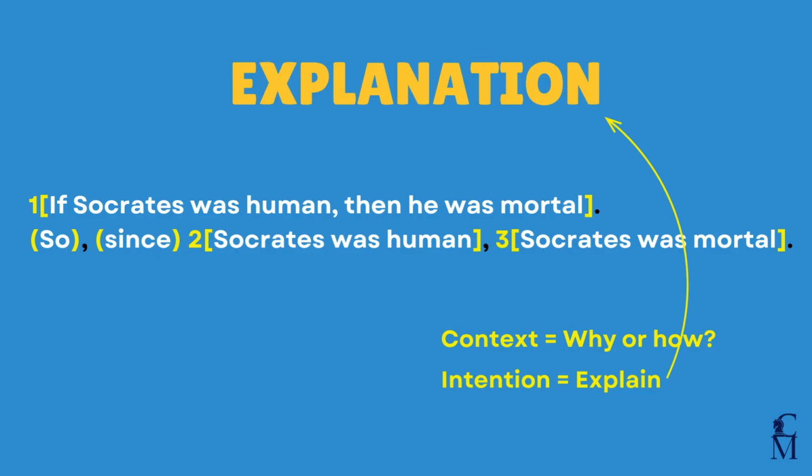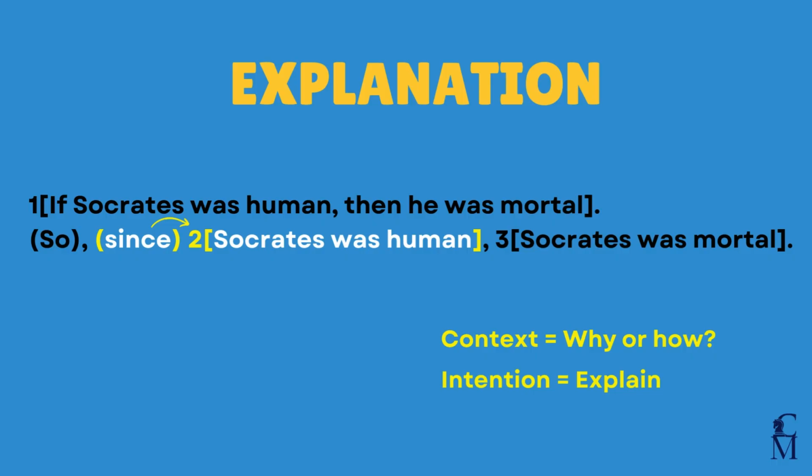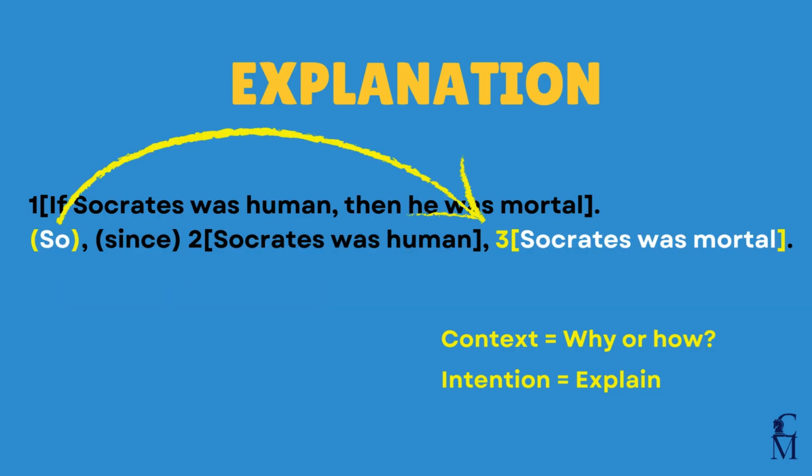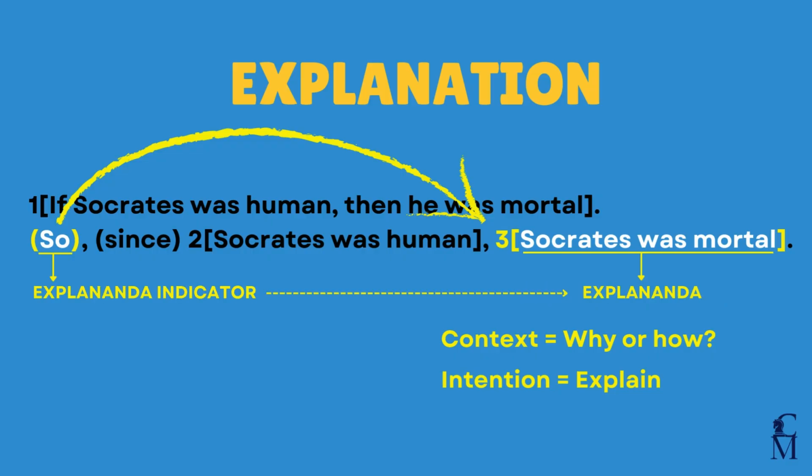If the sentence is being used as an explanation, then the word since will indicate that statement 2, Socrates was human, is a part of the explainans. Thus, in this case, the word since would be an explainans indicator, and the word so will indicate that statement 3, Socrates was mortal, conveys the explananda, which would make the word so an explananda indicator.